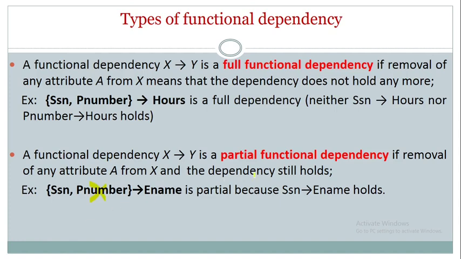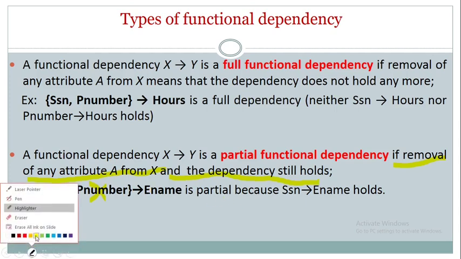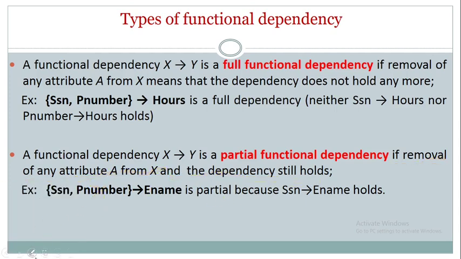As per the definition, if on removal of attribute A from X the dependency still holds, then as you can see here, even if I remove this project number, the dependency still holds. So this is called a partial functional dependency, because employee name can be determined by using SSN alone.